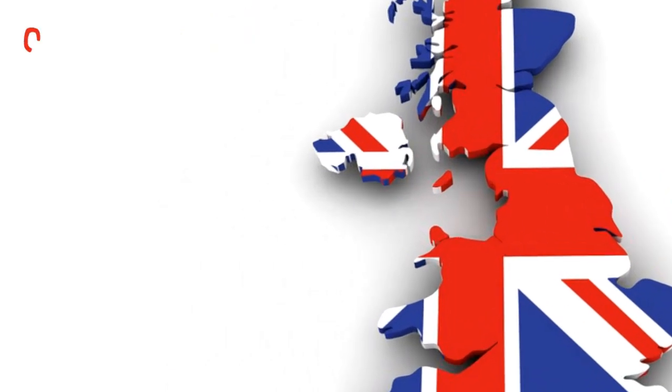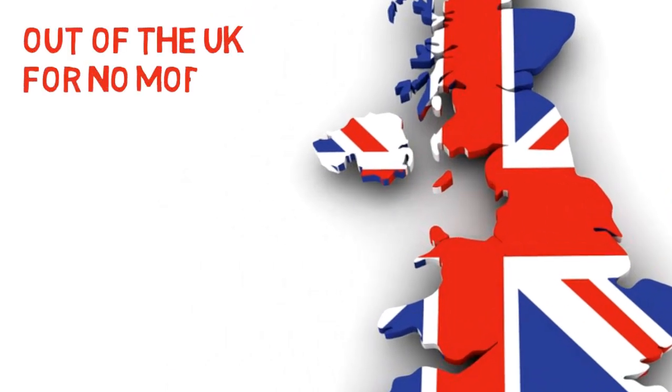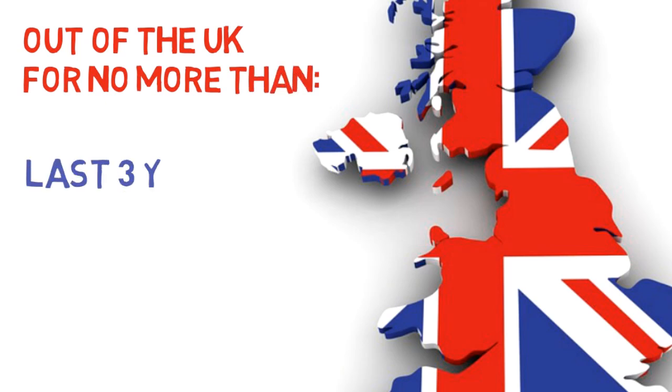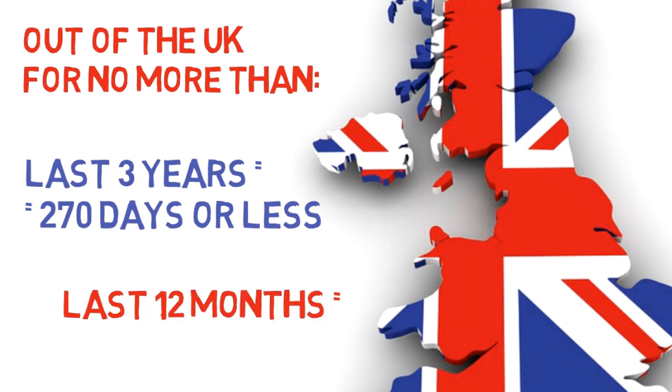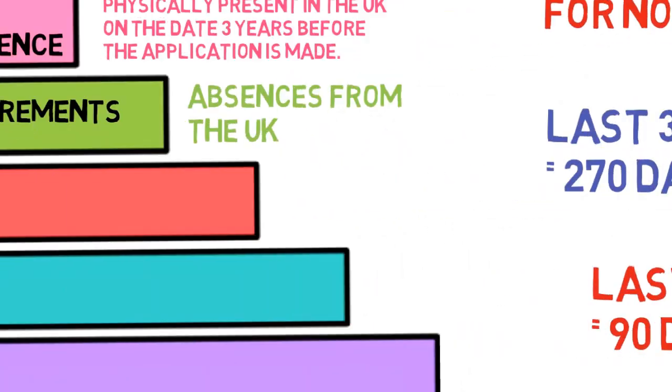Okay, requirement number 4, it's also about the residence requirement. However, this is all about the absences from the UK. You must not have been absent for more than 270 days in total during the 3-year qualifying period, and no more than 90 days in the year immediately before the application is made.